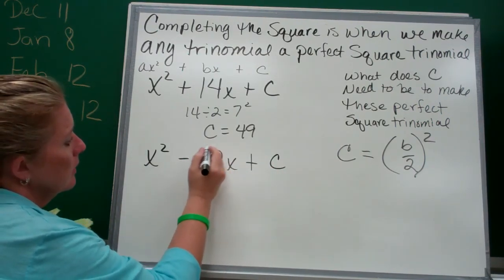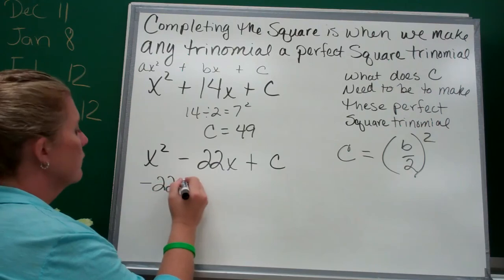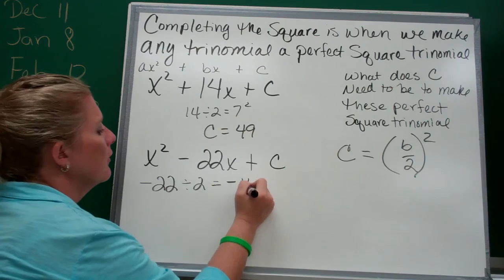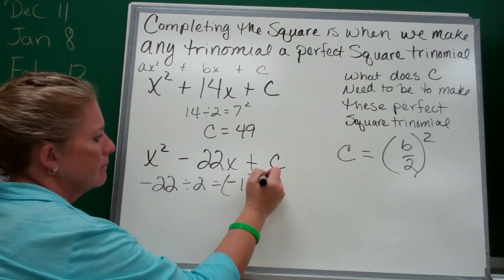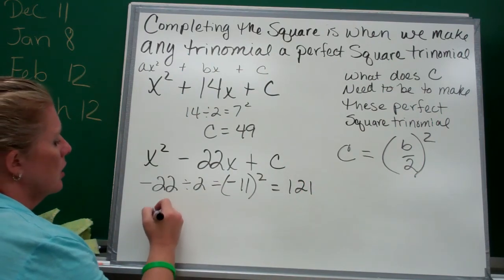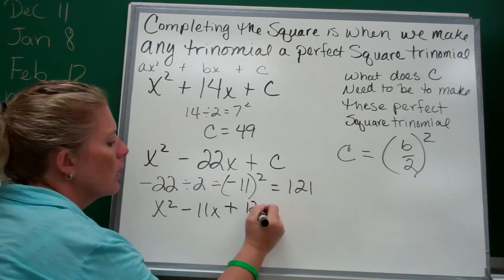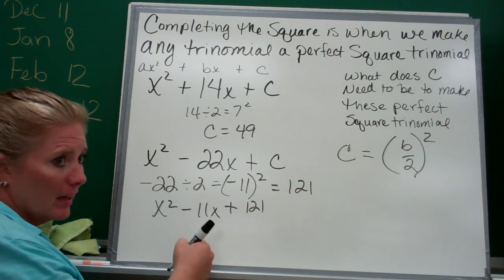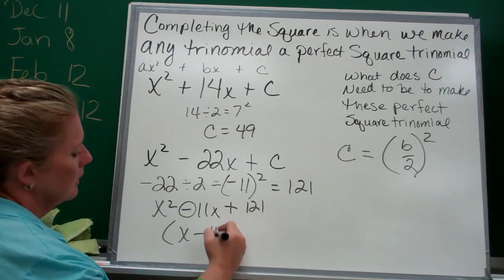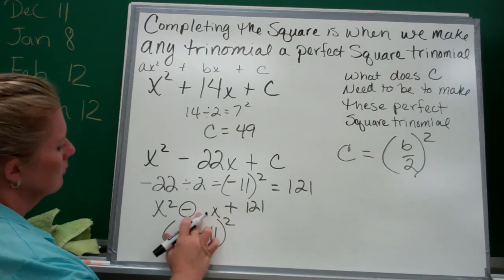We're going to take b divided by 2, so negative 22, since it is negative, divided by 2 equals negative 11. Square it. Equals 121. So your perfect square trinomial is x squared minus 22x plus 121. And that would factor to (x minus 11) squared.